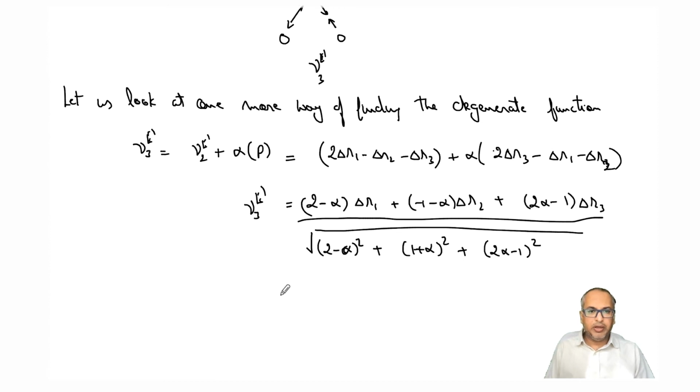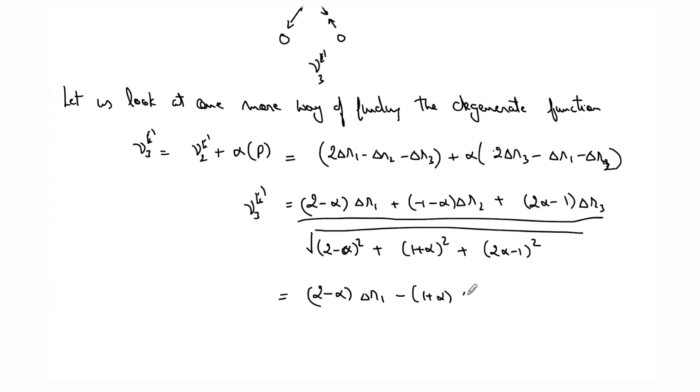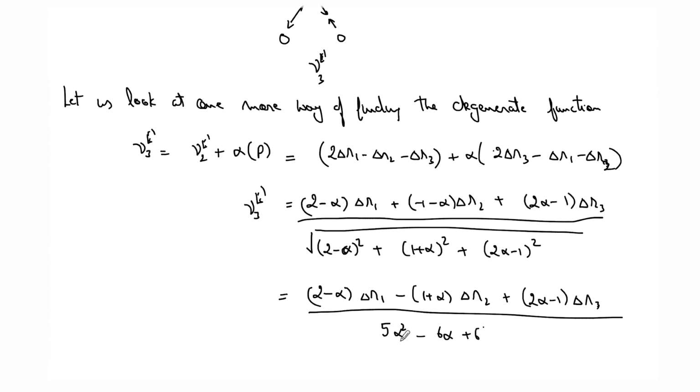Now if we simplify this, what do we get? (2 minus alpha) delta R1 minus (1 plus alpha) delta R2 plus (2 alpha minus 1) delta R3 divided by the square root of 5 alpha square minus 6 alpha plus 6. There is only one variable here, right?